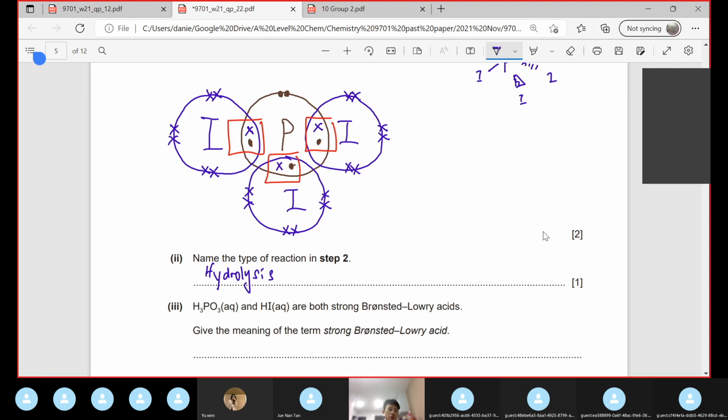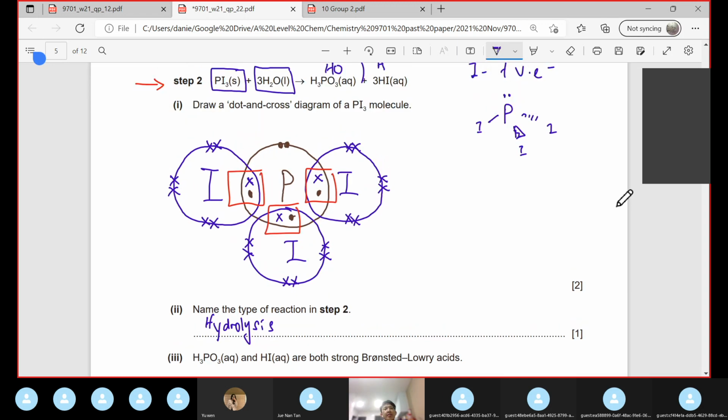Okay, make sure you know this type of reaction. This is, I think, chapter PI3. Have we learned PI3?